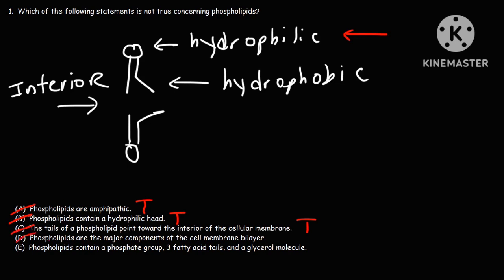That is definitely a true statement. The only thing that's false is E. Phospholipids do contain a phosphate group, and they contain a glycerol molecule, but they don't have 3 fatty acid tails. They only have 2. And so that's why E is not true.